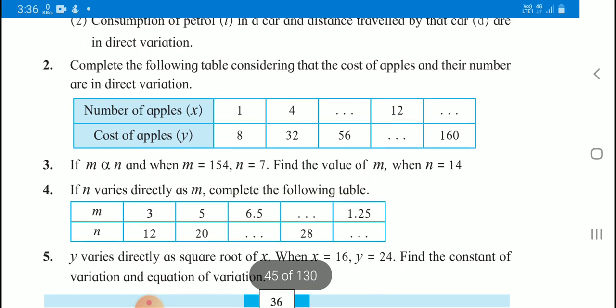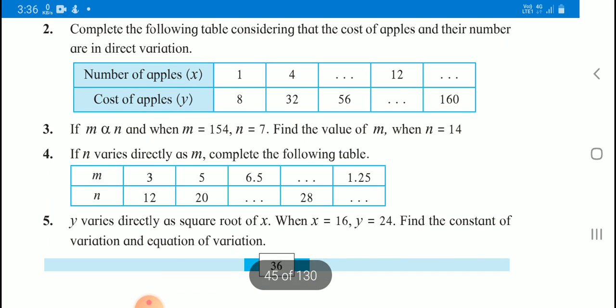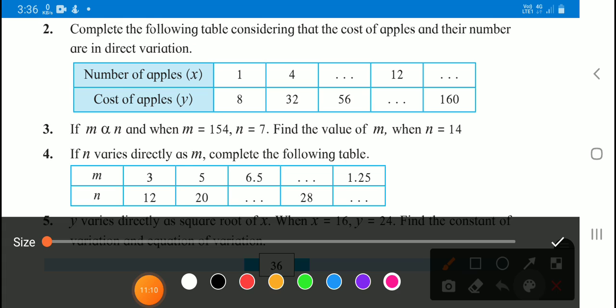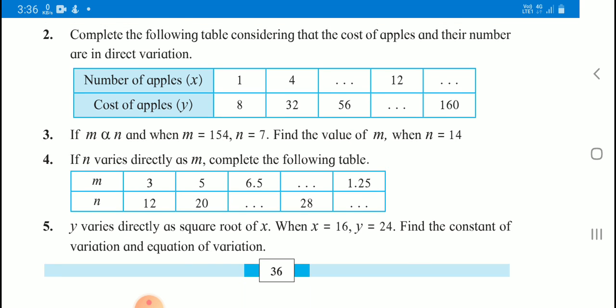Now next is the third example, solve it like the example above. Then this fourth question, number 4, has been removed from your syllabus, so no need to solve this. The remaining questions you have to solve in your notebook.